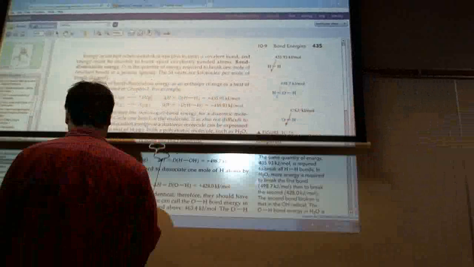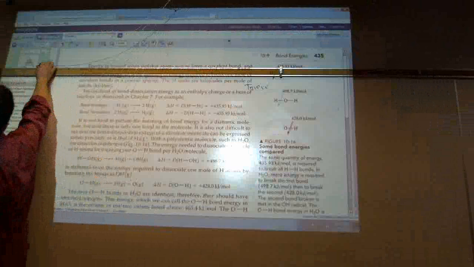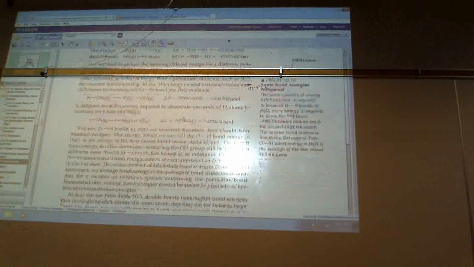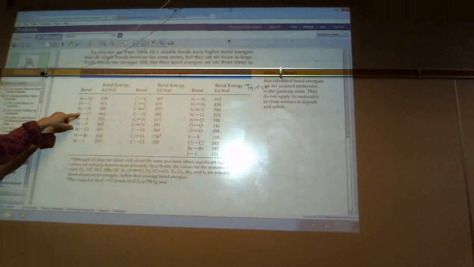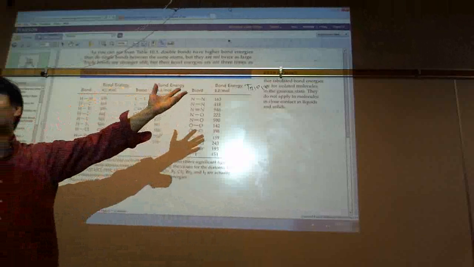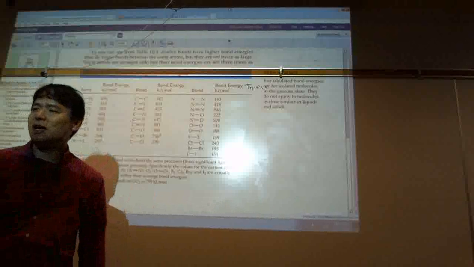And so what you do is you look at a whole bunch of hydrogen-oxygen bonds in different molecules, and then you average them. And so the average hydrogen-oxygen bond comes out to 464. But it could be, you know, in water it was 500. And so when you have an average like this, what else do you want?